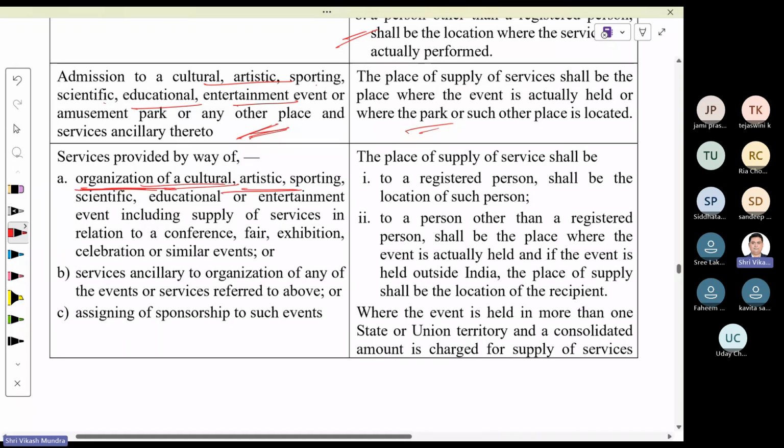If that person is a registered person, then his place would be considered as the place of supply. If it is provided to an unregistered person, then where the organization has happened, where this program is supposed to happen, should be considered as the place of supply.